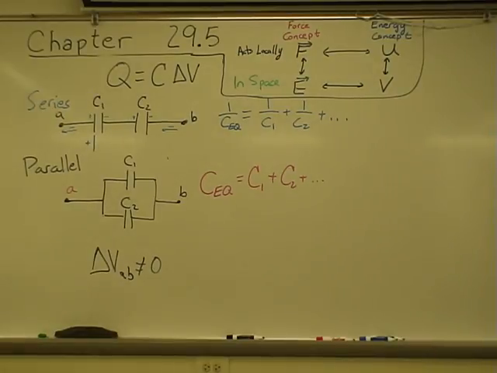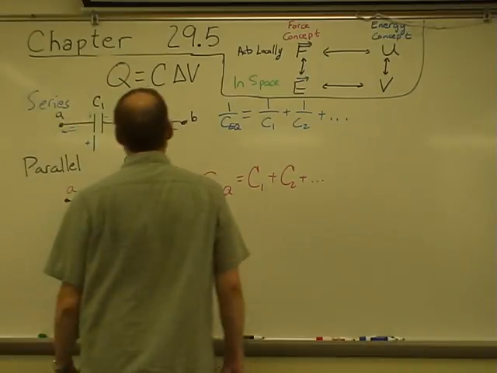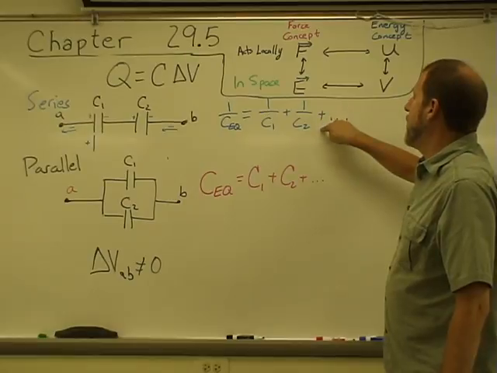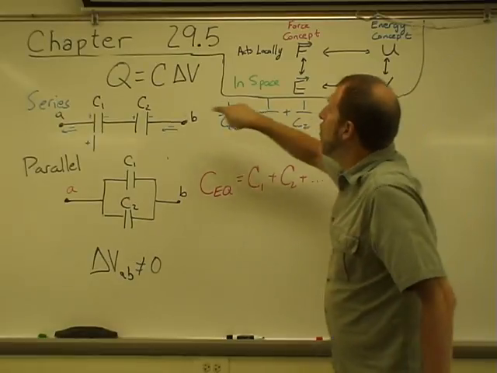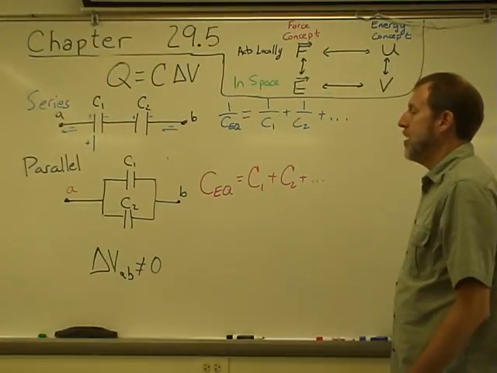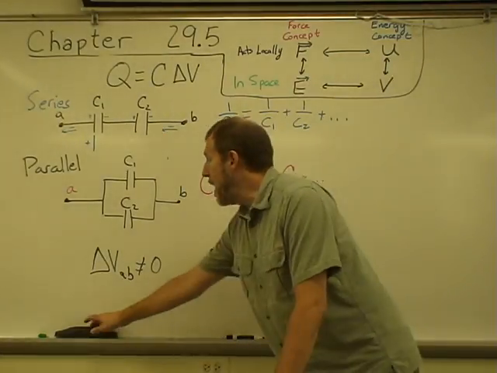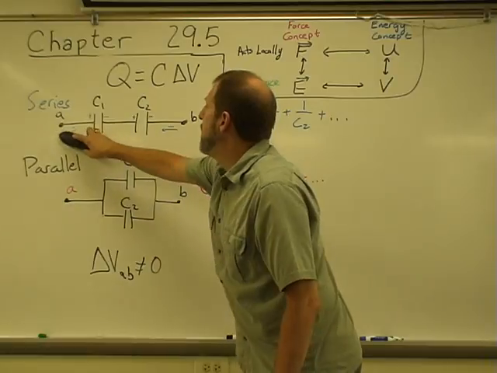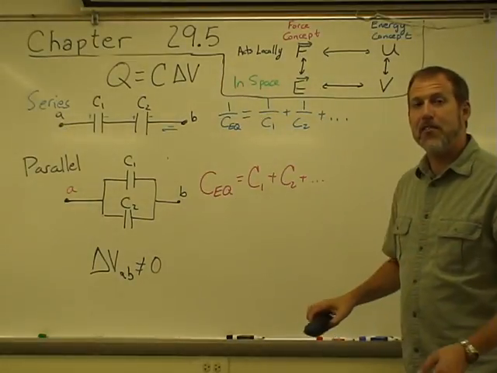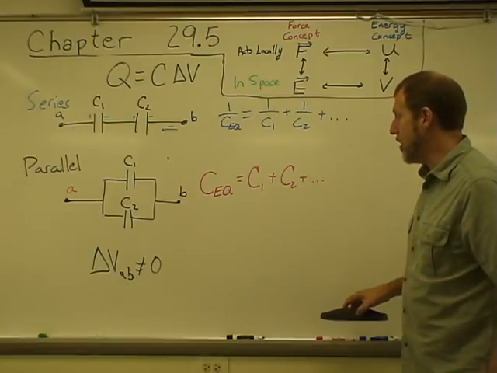Okay. There are two things I want to call to your attention here. First, notice that if I've got capacitors in series, the total capacitance is always going to be less than the least capacitance involved. Why? Because, again, let's anthropomorphize the heck out of this to make it clear we're dealing with a model here.